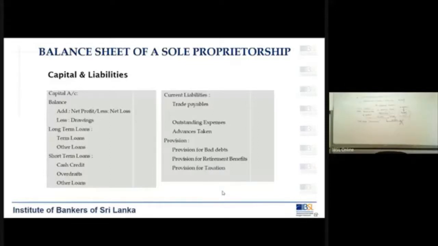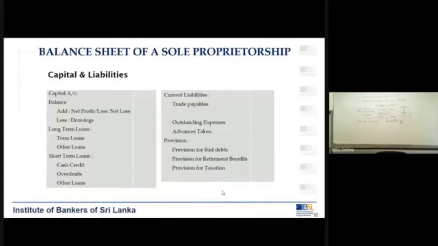So basically that is all about a sole proprietorship business. Now we have done this very briefly, but there could be complicated sole proprietor businesses as well, where you are running a sole proprietorship at a large scale.